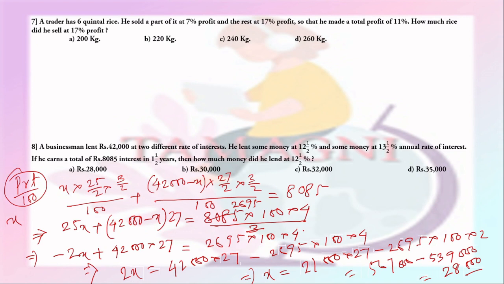So the amount of money invested at 12.5% interest was 28,000. That is, option A is the right answer.